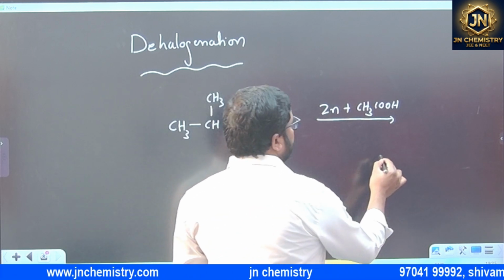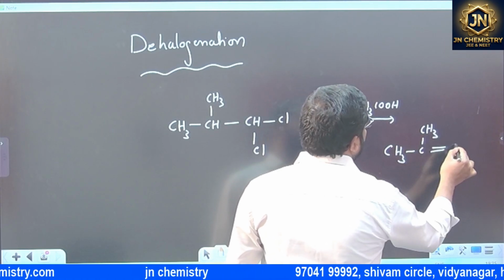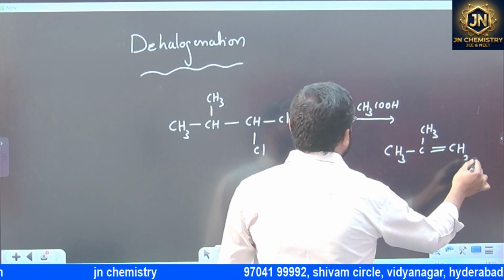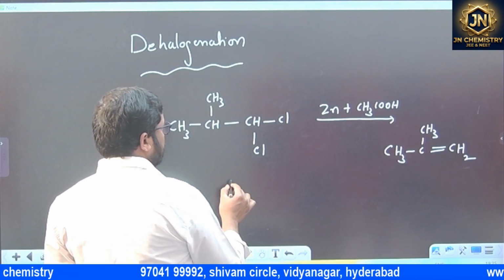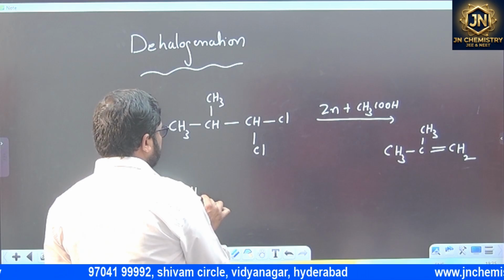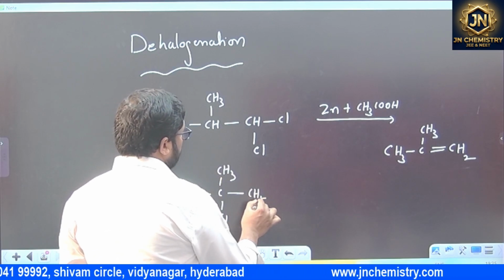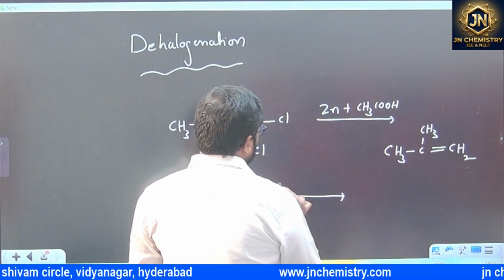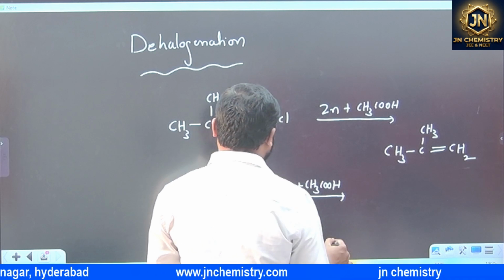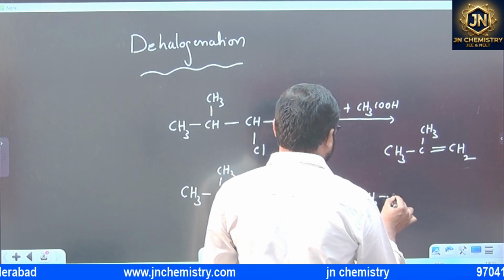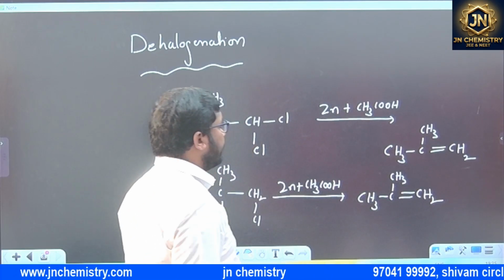So we'll get an alkene. ZnCl2 is going out. Otherwise, we can use it like this also. So the same product we will get.